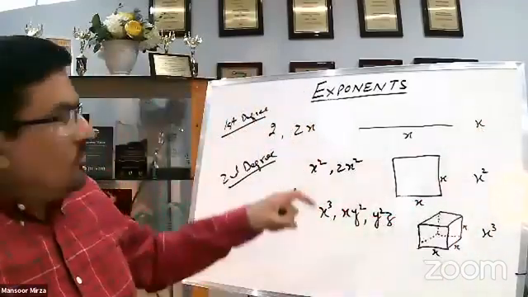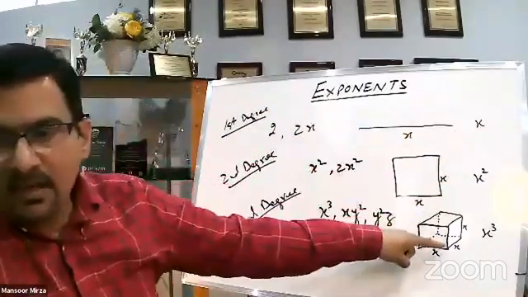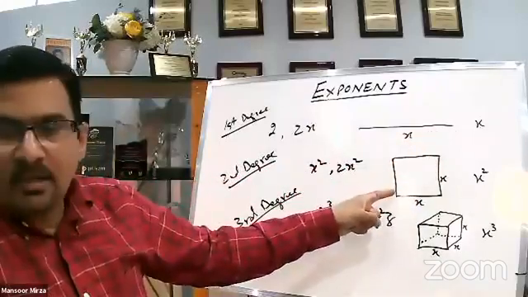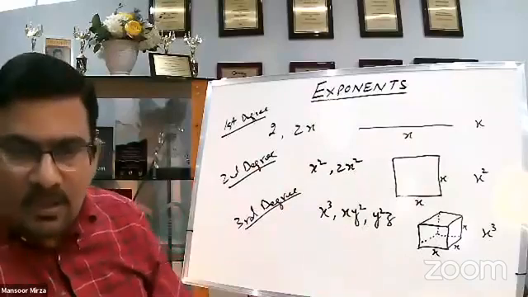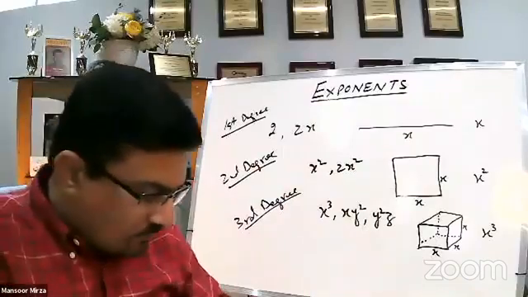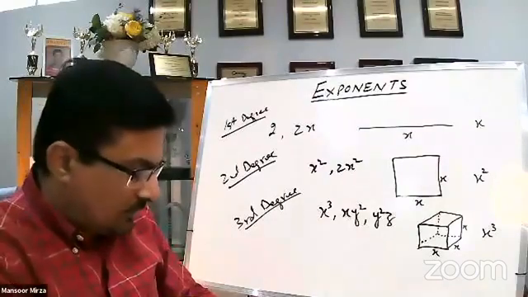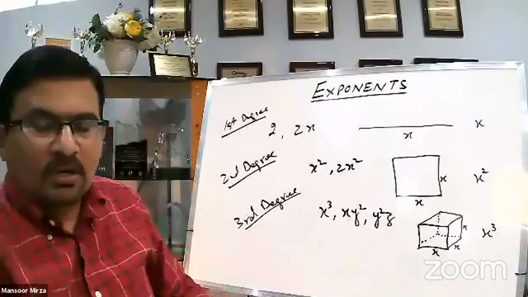So now from this, you can easily understand this is first degree, second degree, and third degree. First degree always represents a straight line. Second degree represents two-dimensional figures. And 3 degree represents three-dimensional figures. Now there are some examples. So let's do some examples which are given in this book, and I'll leave it up to those of you who are interested.